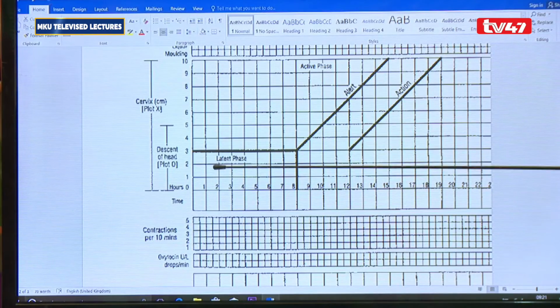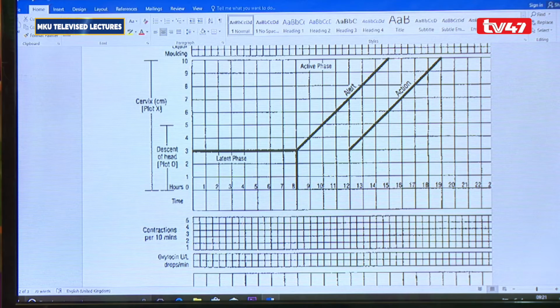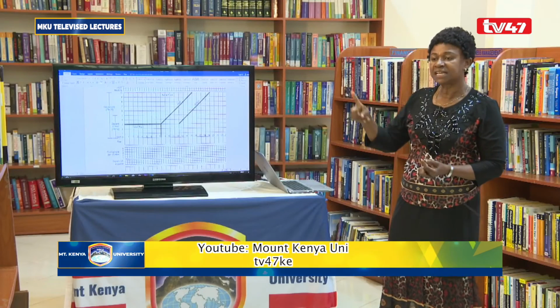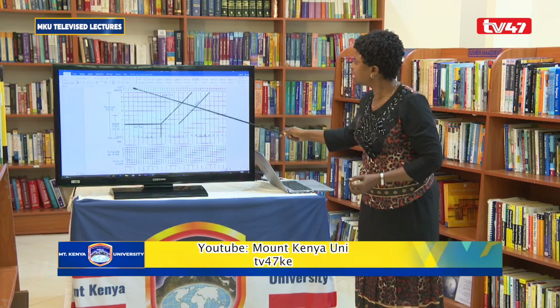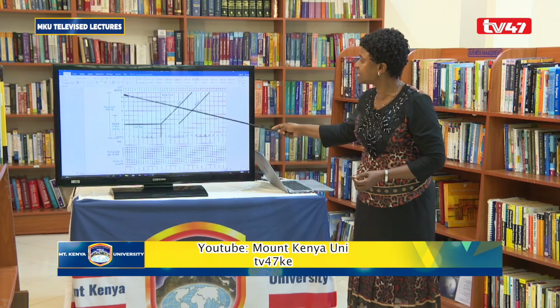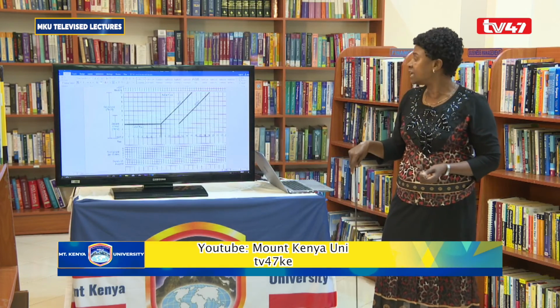So this is for the cervical dilatation. It is measured using 2 fingers, which are very significant for us as midwives. For a small fetus, the cervix does not have to go to 10 centimeters. This is just an arbitrary figure to guide us as midwives.